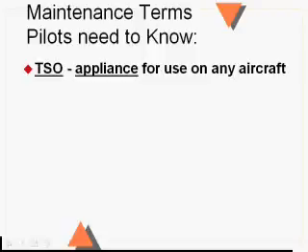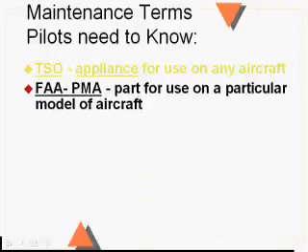Same thing with tires and batteries and stuff like that. So if it's going to be essentially a generic part, then it's going to be built under a TSO, Technical Standard Order, and that means the FAA has approved you to make it, and now anybody can buy it and put it on pretty much any aircraft.